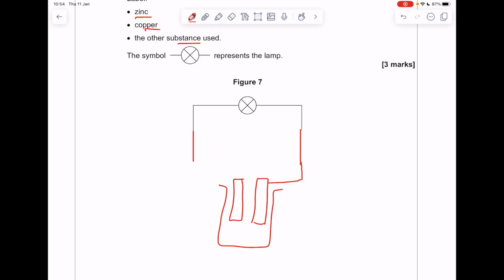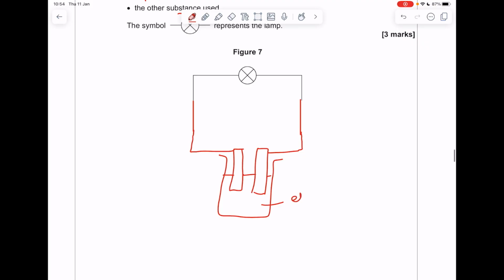Complete that circuit. And in order for those ions to flow, we need an electrolyte. So that's your other substance. There's your copper electrode and your zinc electrode.